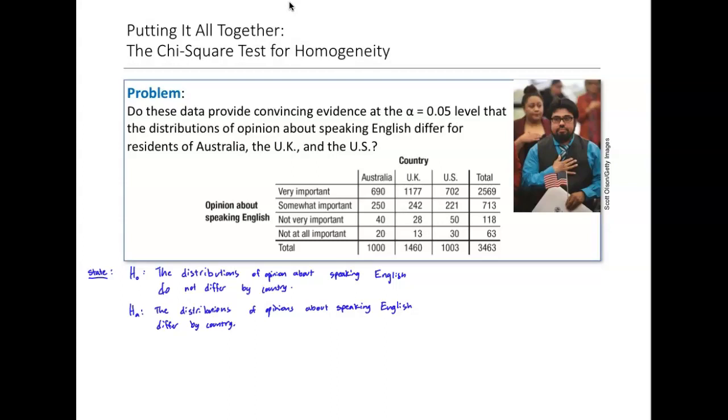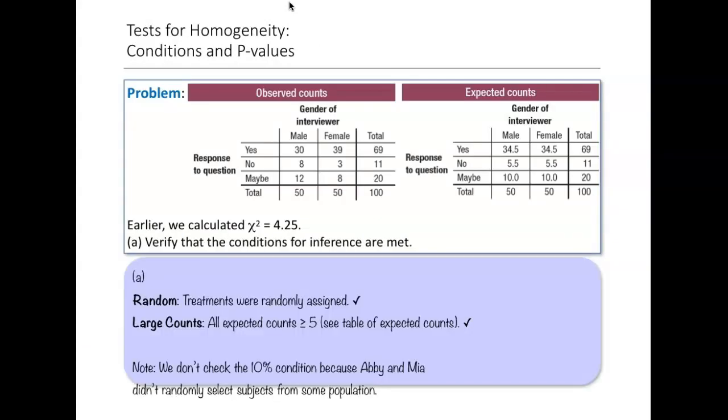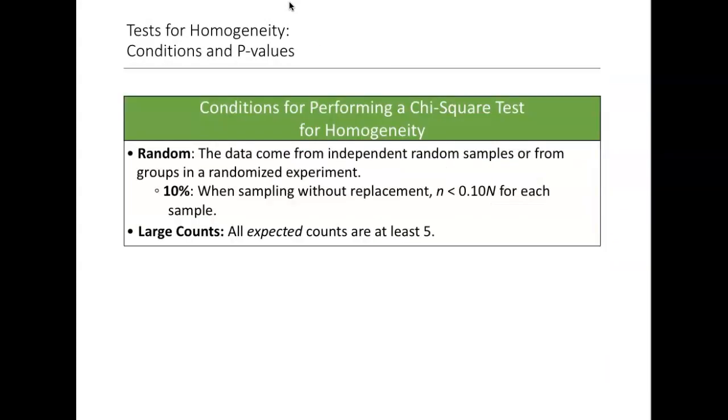All right, so here's where we want to check conditions. So plan. This is stated as a random sample. And then for the 10% condition, we need to check that each sample is less than 10% of the population size.